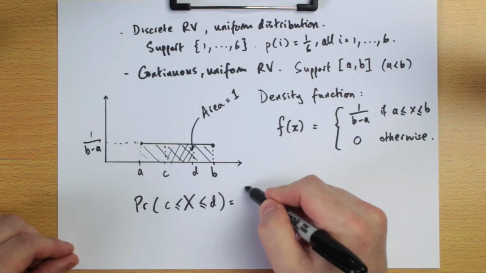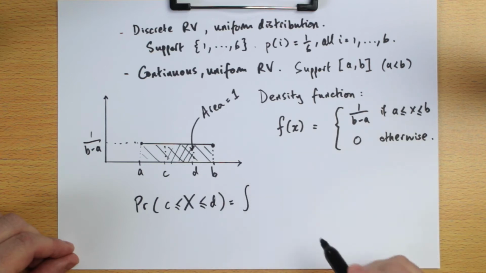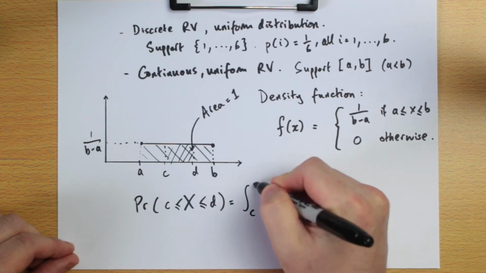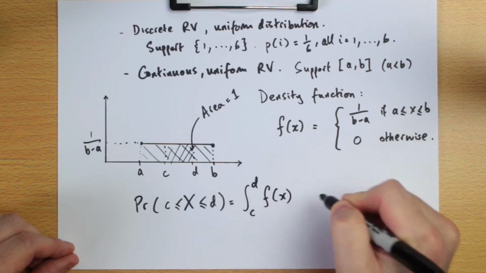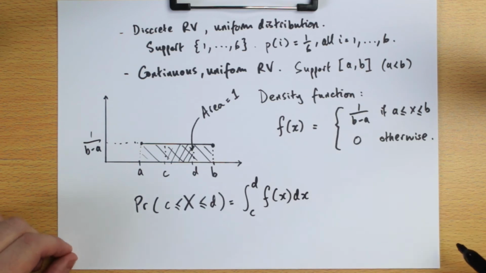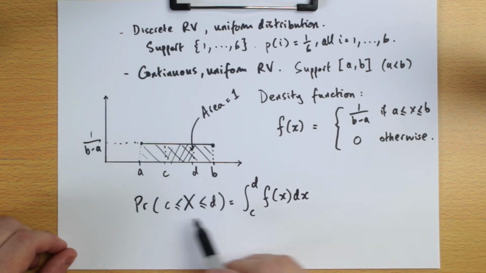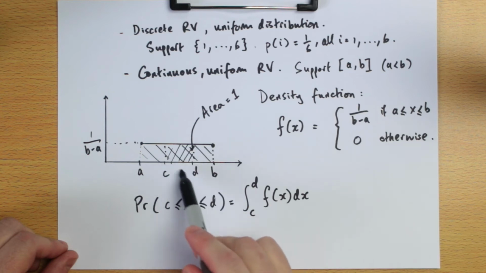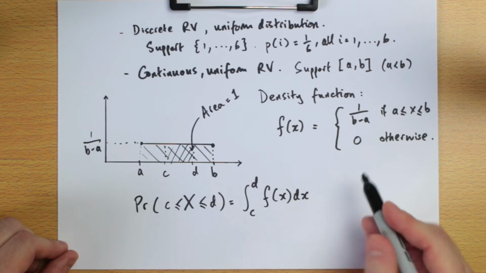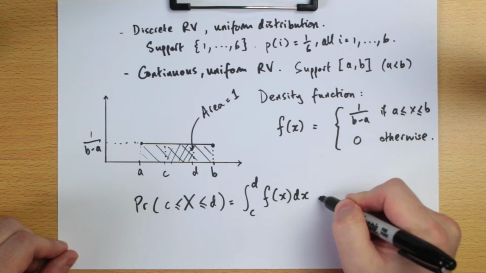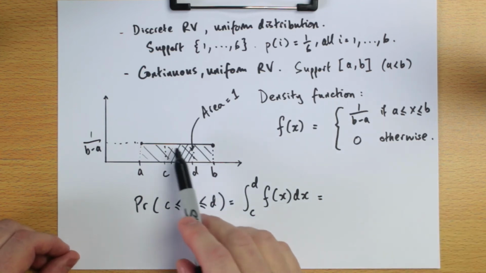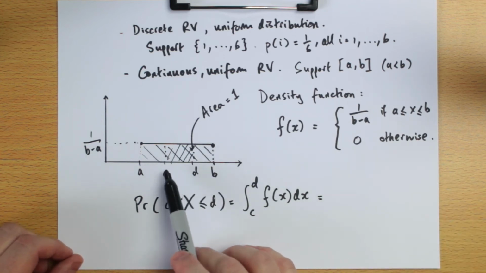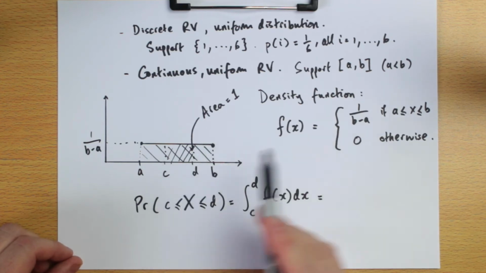Okay, so in general, if I have a density function that I can integrate, I would be integrating between C and D the density function f of x dx. That's how I would calculate the probability that our random variable takes a value in the interval C to D. Now for the case of continuous uniform random variables, this is really simple because this area is a rectangle.